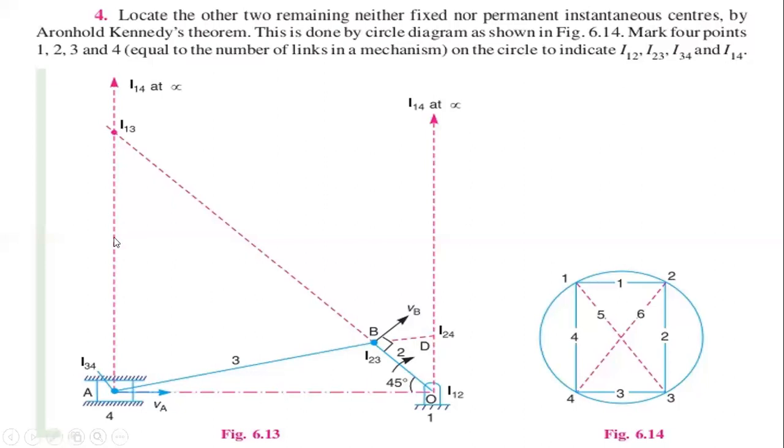So we have got the dotted lines as the instantaneous centers. For locating the instantaneous centers, we are going to take the dotted lines. By these we get two extended instantaneous centers from the four links.